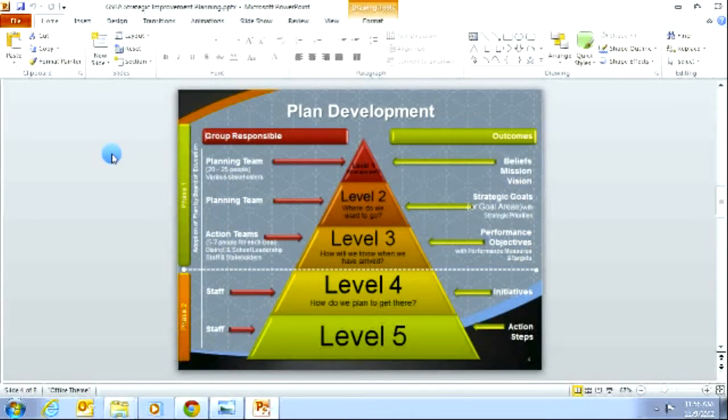Before going through the plan development levels and phases, I do want to make a point, and we'll discuss it in more detail later, that before anything happens, we have a community engagement meeting, and we do surveys online and possibly hard copy, depending on what the district wants, of various community members and stakeholders.